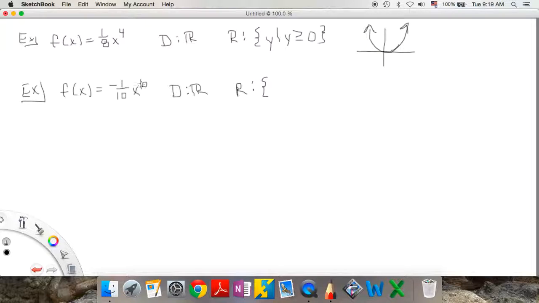Well, let's look at it. It does have an even power, so the x to the 6th power is always going to be even, but I've got a negative out here, so that means in this case, everything is going to be less than or equal to 0. And if you graph it on your calculator, you'll see that this time it looks like an upside down U.